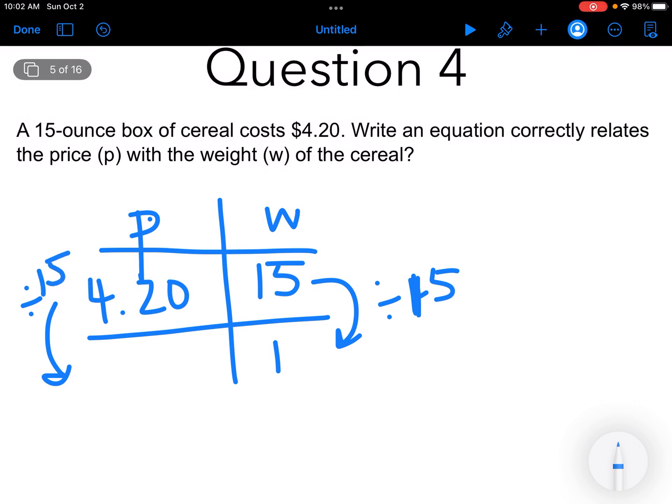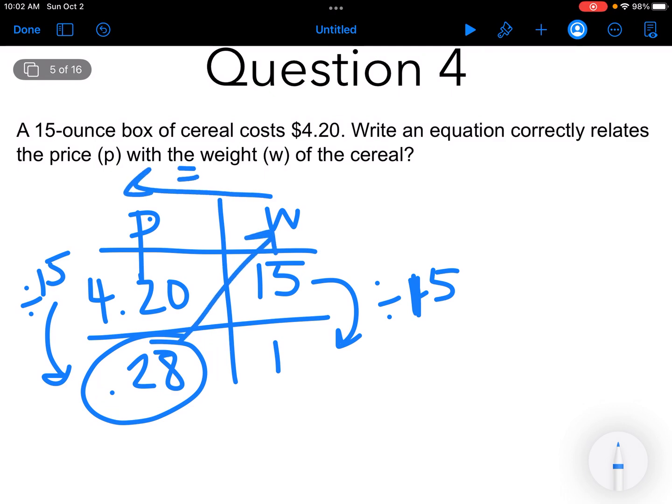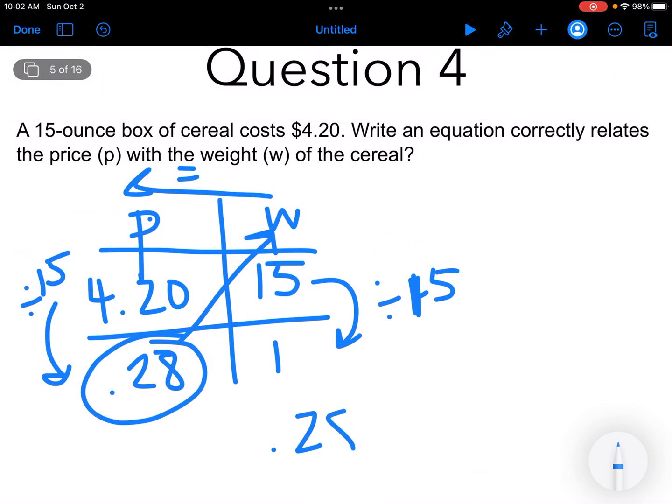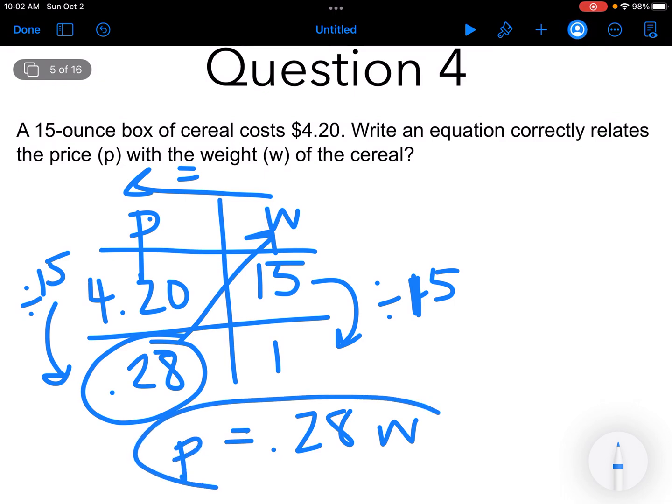So 4.20 divided by 15, I get 28 cents. So 28 cents times the weight is going to give me my price. So my equation is going to be 0.28 W equals the price.